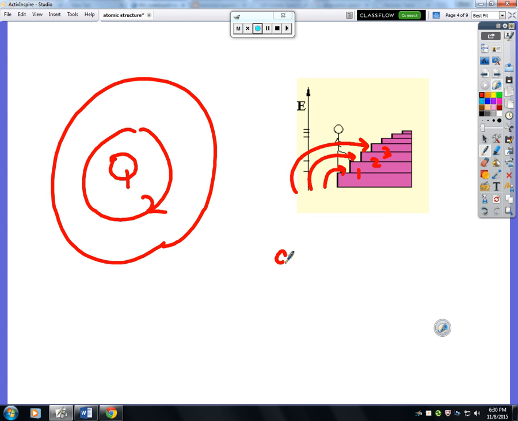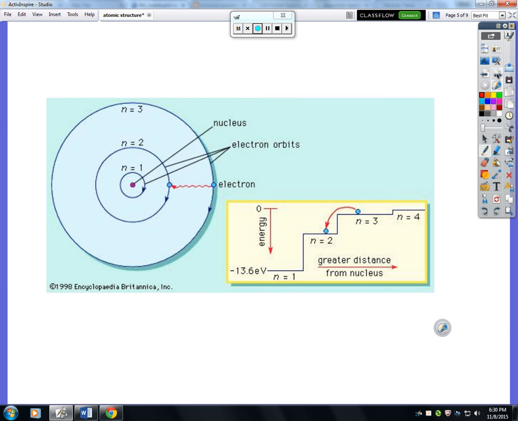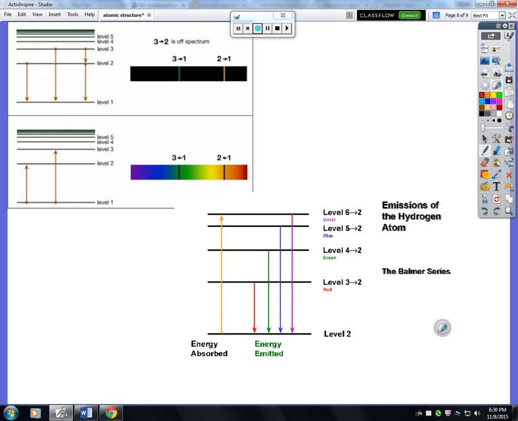If you said jumping from the ground to step 1 and then back down to the ground is less energy than jumping from the ground up 3 flights of stairs and then back down to the ground, you are correct. And that's the whole basis for the different energy levels in the atom and how they correlate to different light that you see.